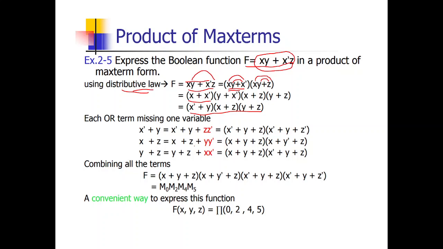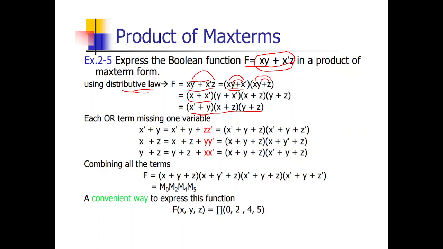For all the remaining sum terms we have to perform in the same manner so that we can get the max terms here. Those max terms have to be producted. So all the max terms are producted, and we obtain the product of max terms.